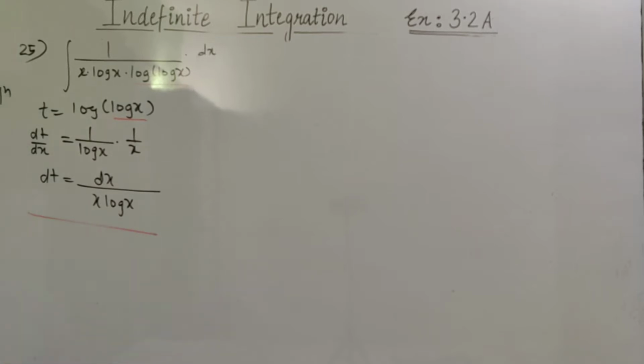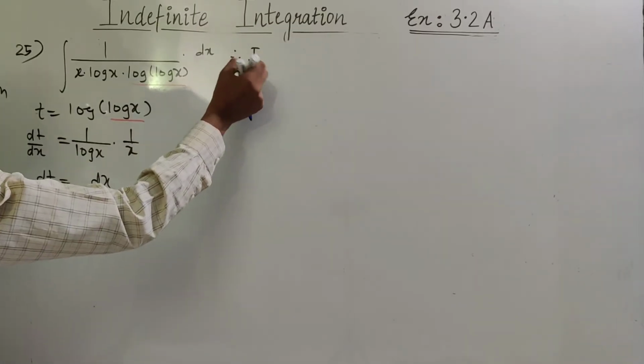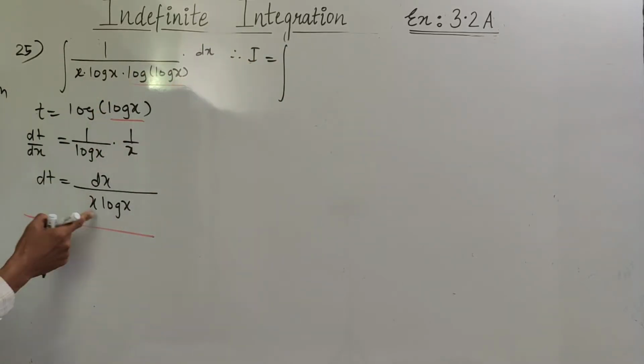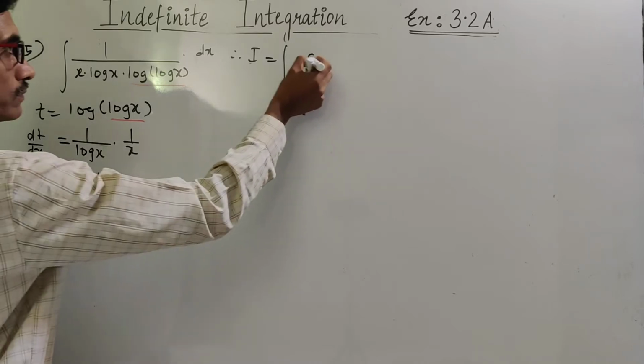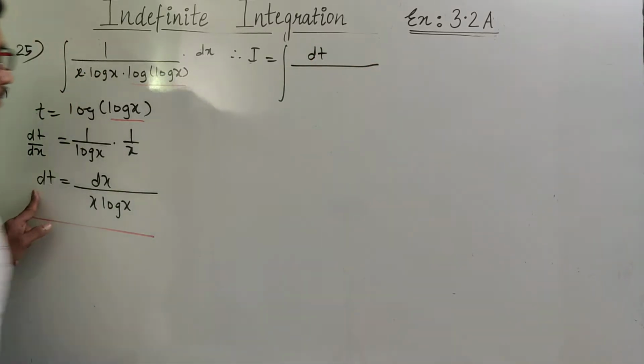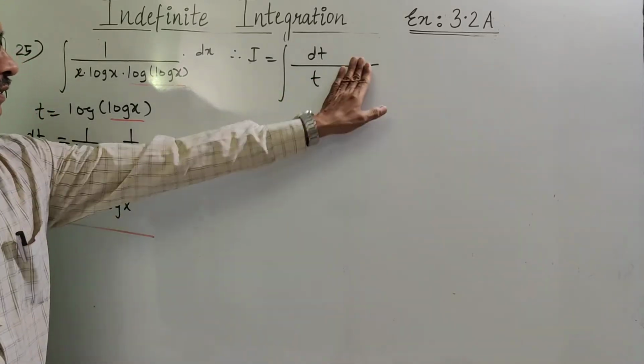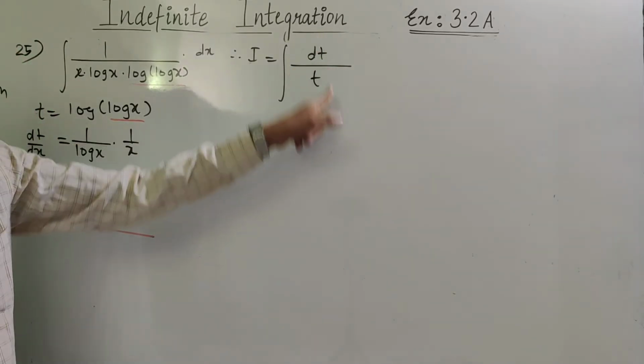Then our integral I is equal to the integral of dx upon x log x, which is dt, upon log of log x, which is t. So very simple, dt upon t is what?